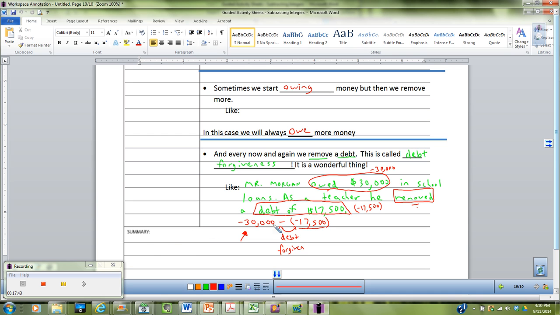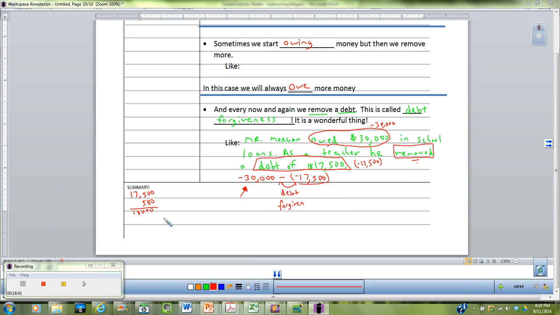And I taught a trick in class that students can do. And what you want to do to see how much I owe, take what they removed, right? So they removed $17,500. And we want to see what gets us back to this $30,000. The next whole 10,000s place value is going to be 18,000, right? So what do I add to this to get 18,000? Well, if I add 500, I'll get to 18,000.